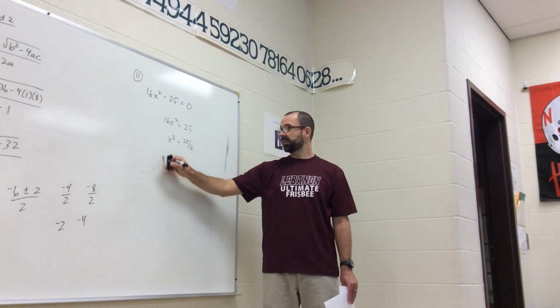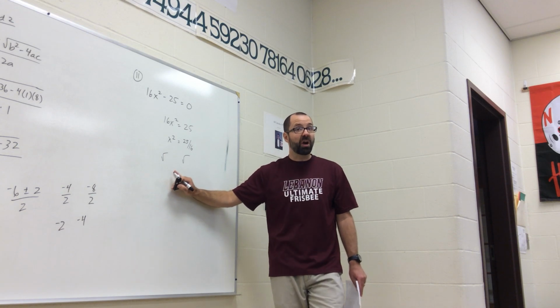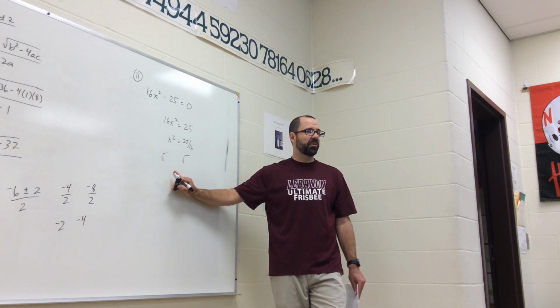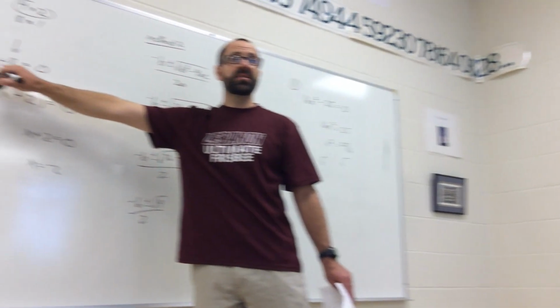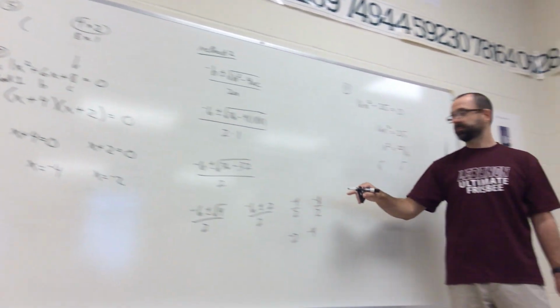Square root, right? So what I'm trying to emphasize is if the problem just has an x squared, you can solve it by square rooting. But if the problem has both x squared and x, then you're stuck with factoring or quadratic formula.